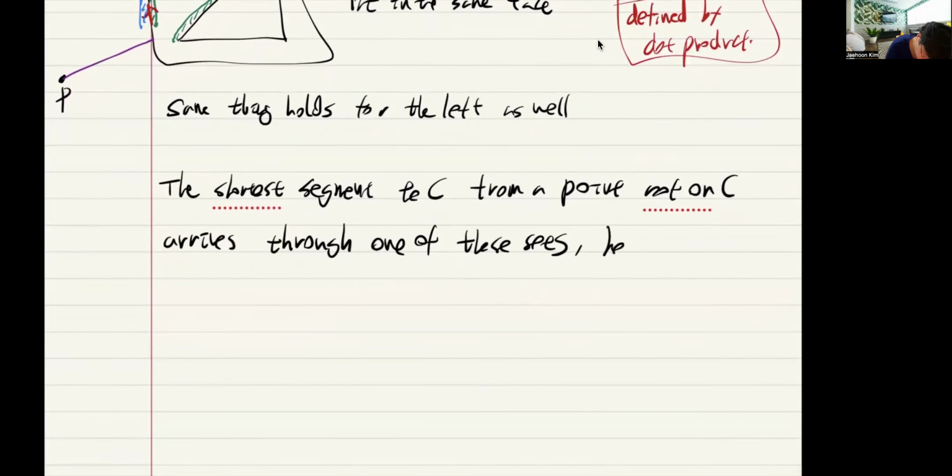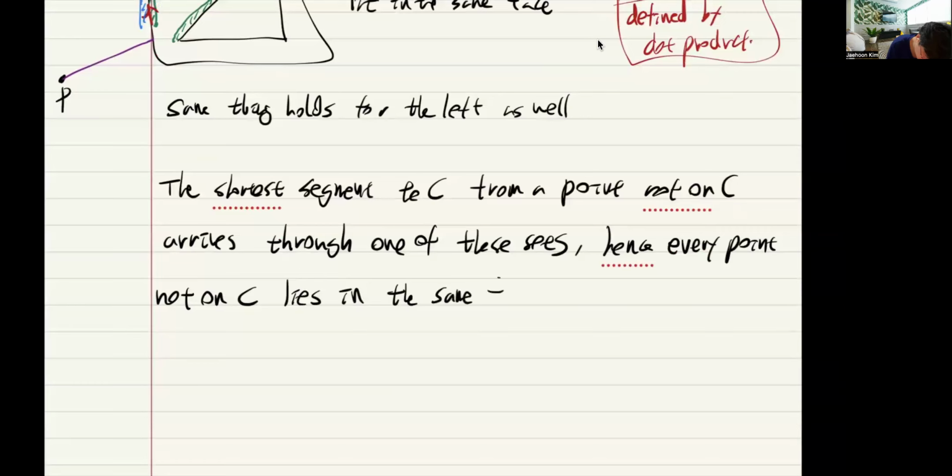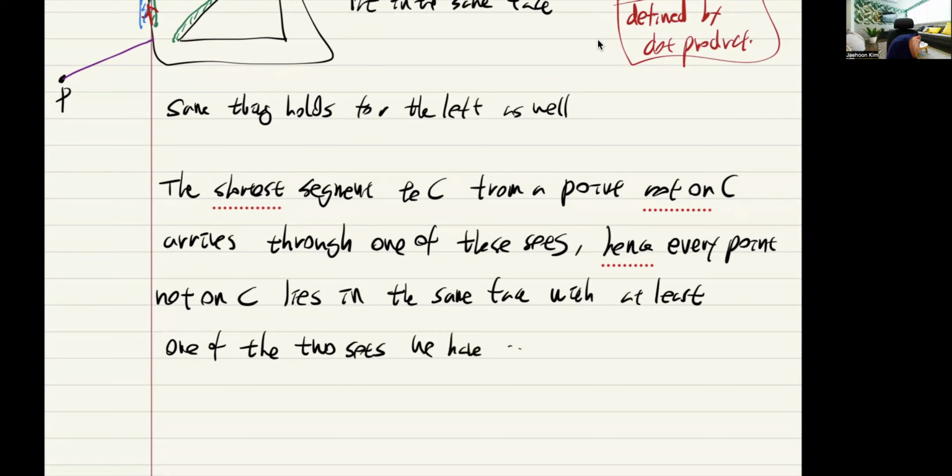So, every point not on C is in the same face with at least one of these two sides, which we have described.